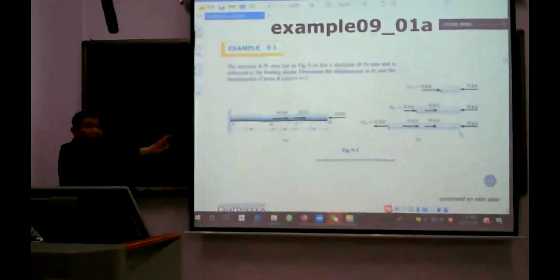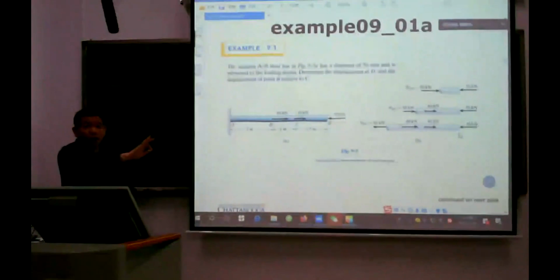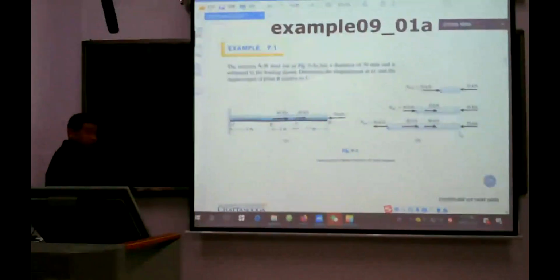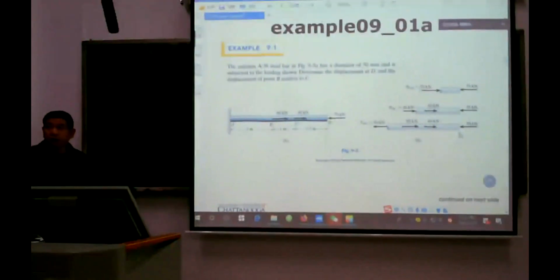Take the red part to analysis. Consider the red part. The load is 70. The internal force, the normal force, we assume it in tension, because tension is positive.